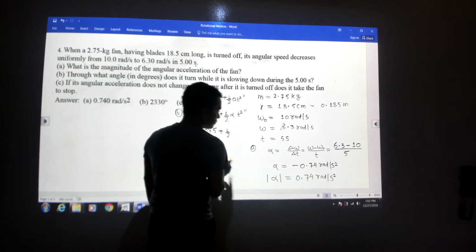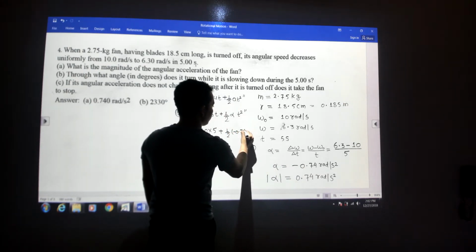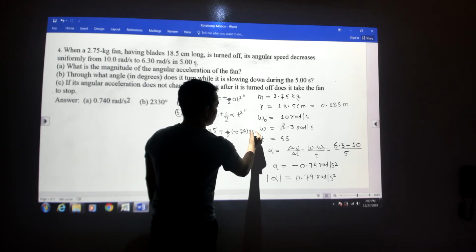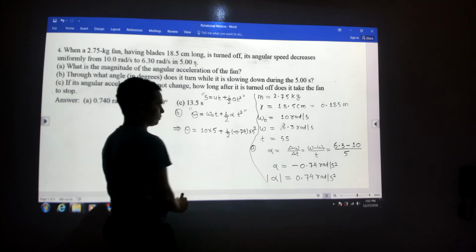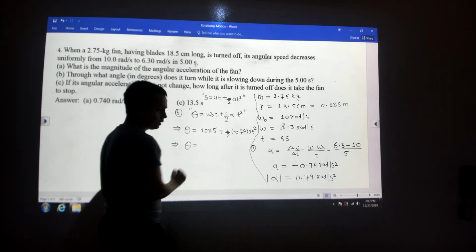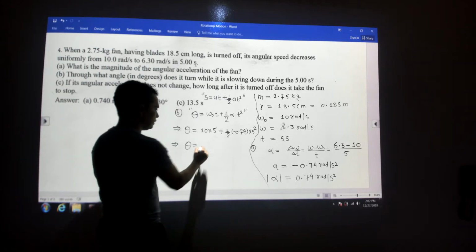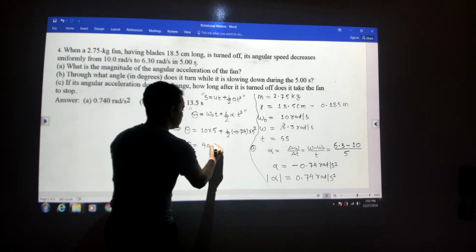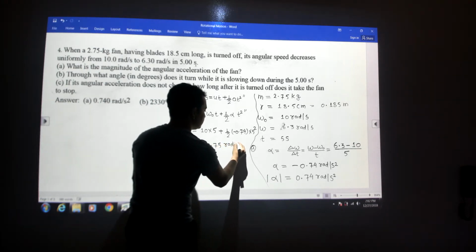Alpha is negative 0.74 times 5 squared. If you plug in all the numbers here, what you get is 40.75 radian. That's what you get.